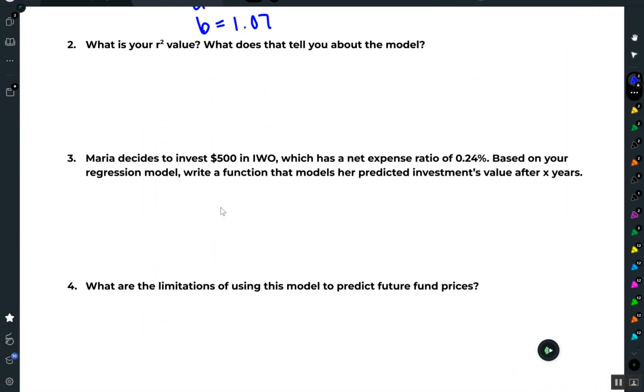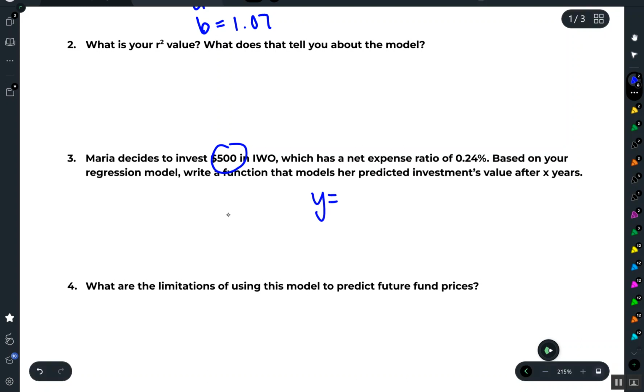Then they start to talk about an expense ratio, and also it says that they invest a different amount. First of all, the expense ratio is going to affect the 1 plus R. You have that 1 plus R number; in my case, it was 1.07.